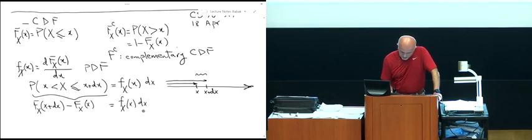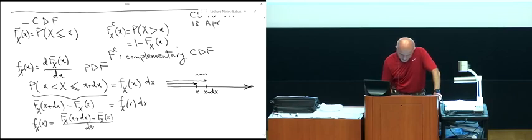So if you take the dx to the other side, you have F(x plus dx) minus F(x), divided by dx. Remember, the numerator is just the probability that x is in this interval between x and x plus dx.